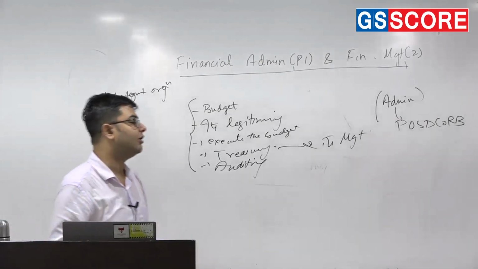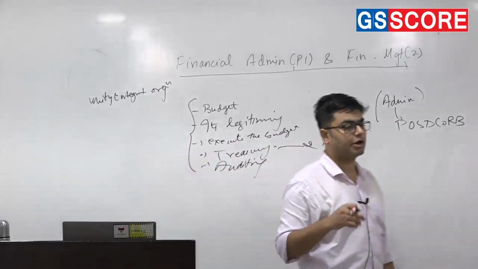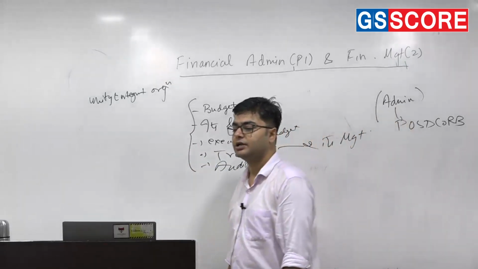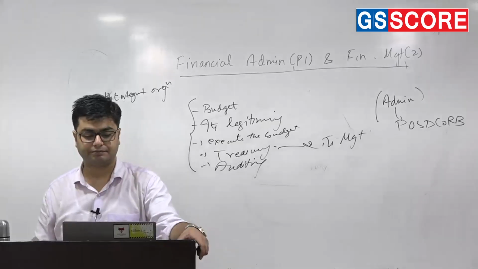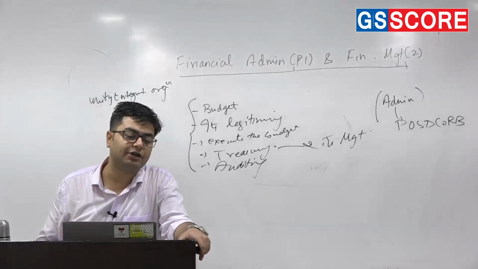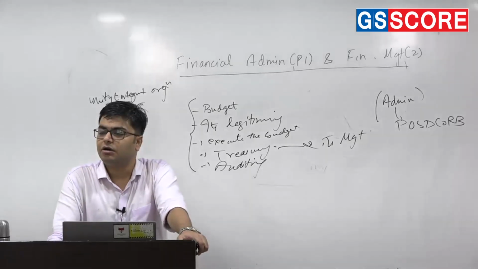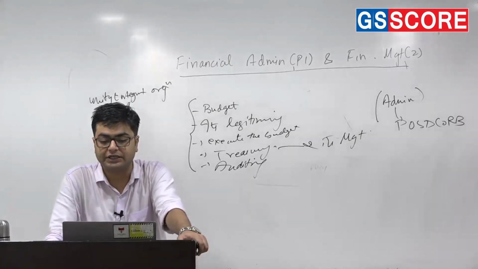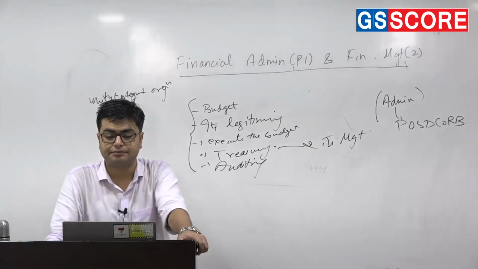Also, there is an element of accountability and control because money is involved and it is the public money. What kind of personnel will you need? In general, obviously, honest persons with integrity, capability.